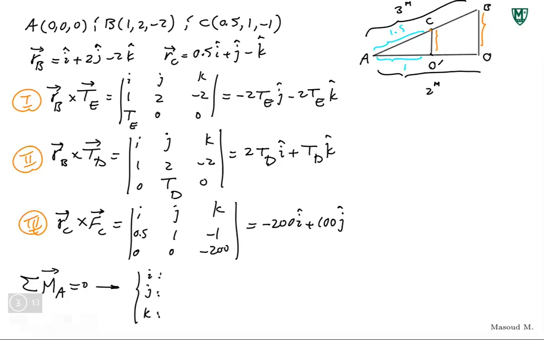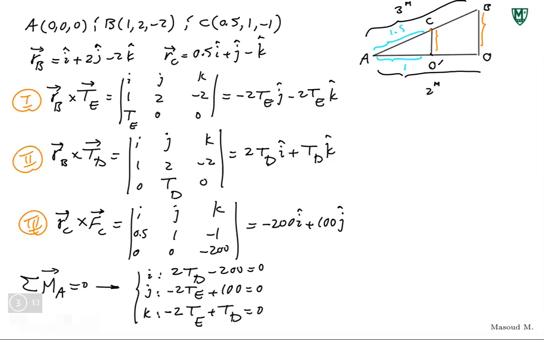In the I direction, you get 2 TD minus 200 is equal to 0. In the J direction, you get minus 2 TE plus 100 is equal to 0. Also, you get something in the K direction: minus 2 TE, for the sake of completeness, plus TD, if I didn't make any mistake, should be this.